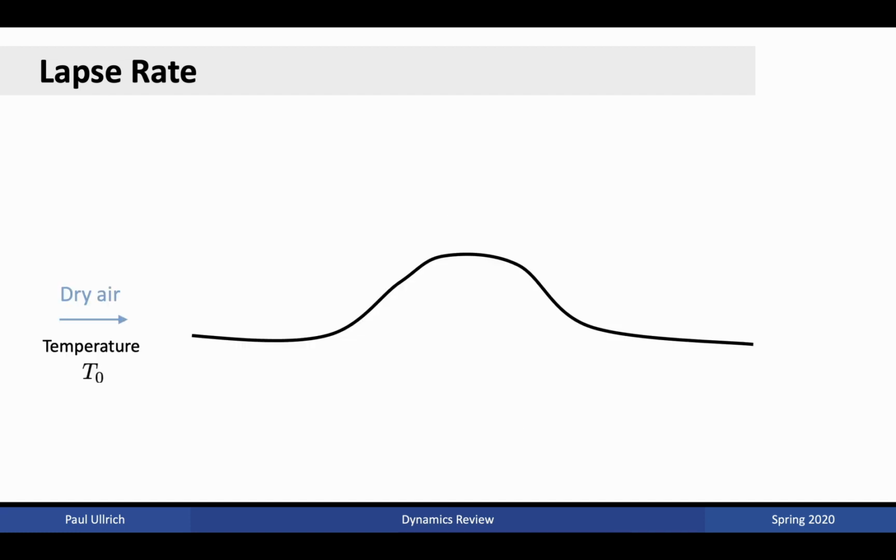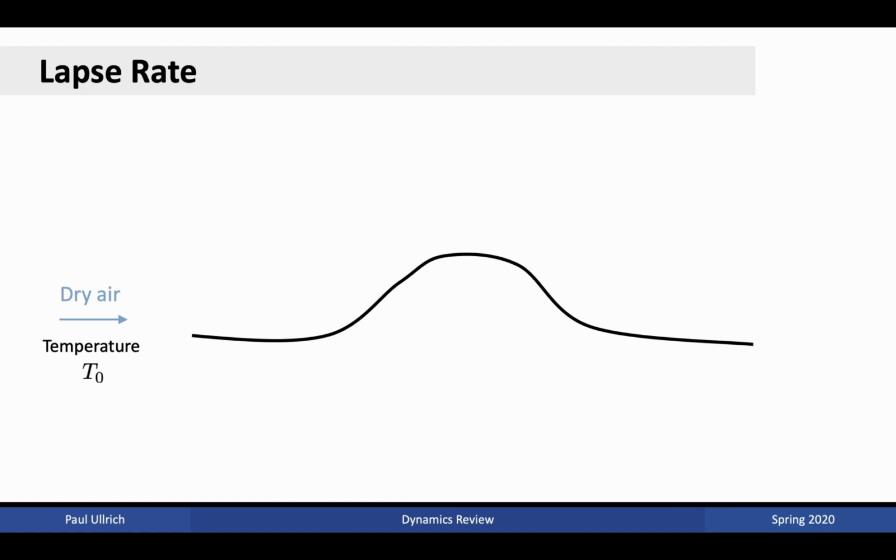All right, let's consider this applied to a particular scenario of incoming dry air on the left-hand side as it encounters some topographic variation such as a hill or a mountainside. In this case, this could refer to, for instance, wind coming in off of the Pacific Ocean as it encounters the coastal range or as it encounters the Sierra Nevadas.